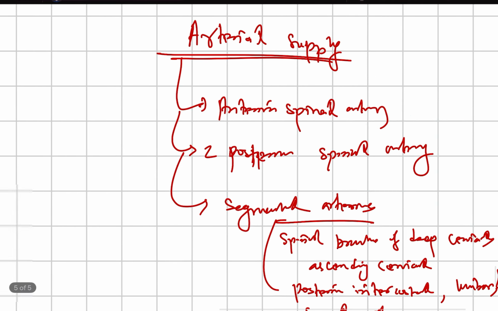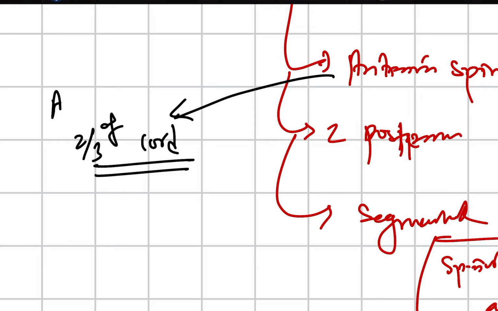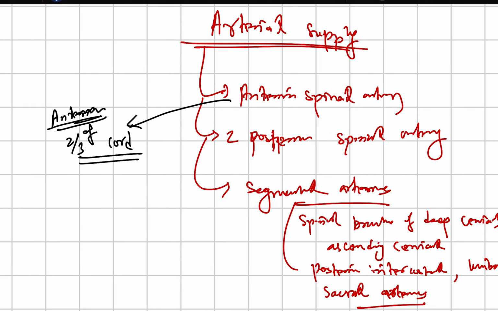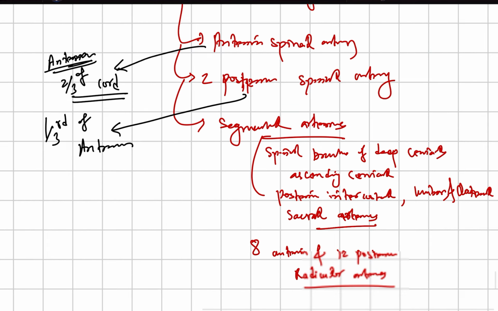The anterior spinal artery supplies the anterior 2/3 of the cord, and the 2 posterior spinal arteries supply the posterior 1/3.